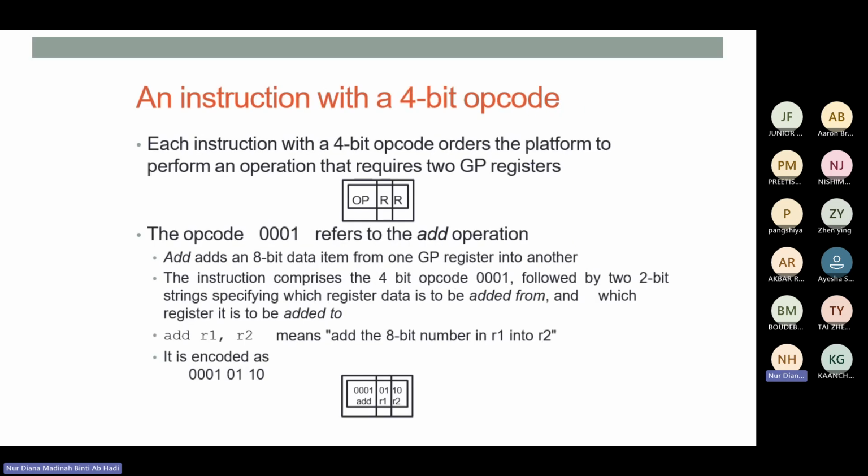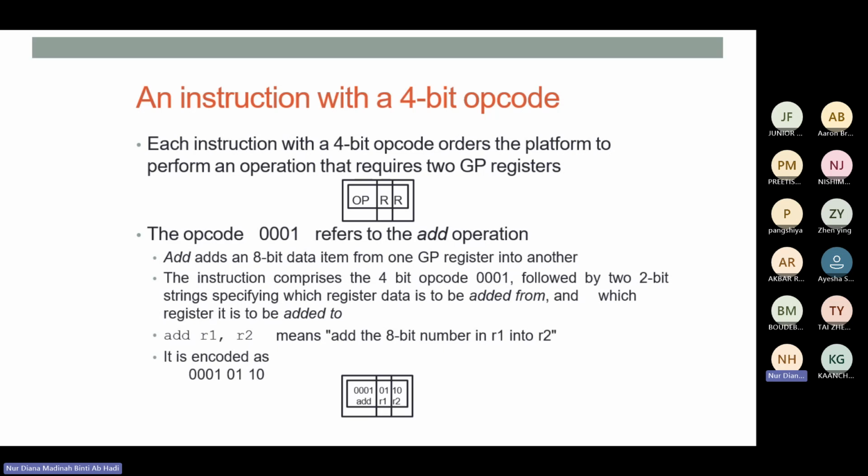Each instruction with a 4-bit opcode orders the platform to perform an operation that requires 2 GP registers. The opcode 0001 refers to the add operation. Add an 8-bit data item from one of your GP registers. The instruction comprises the 4-bit opcode 0001 followed by a 2-bit string specifying which register to be added from and which register to be added to.